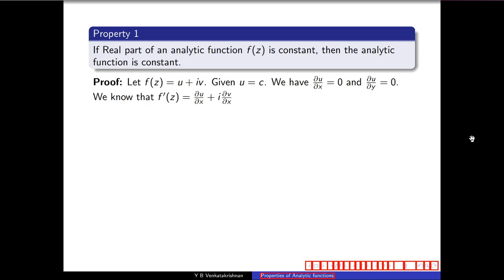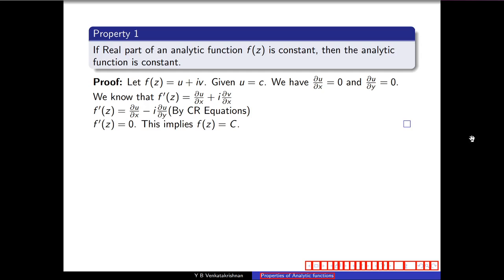Because f of z is analytic, I can write dou v by dou x as minus dou u by dou y, and in that case f dash of z will be dou u by dou x minus i dou u by dou y, and already we have calculated the partial derivatives of u with respect to x and y, which are 0.